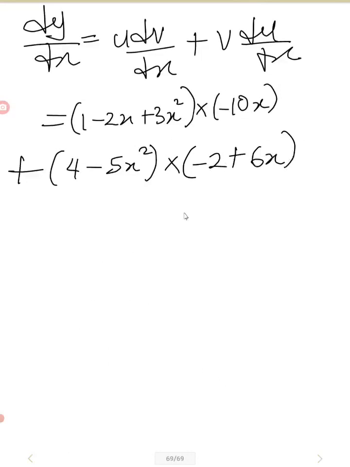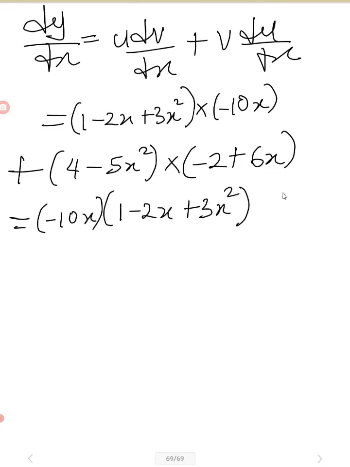So now, let's rewrite it to get it better: minus 10x bracket 1 minus 2x plus 3x squared, plus bracket open 4 minus 5x squared, times minus 2 plus 6x.